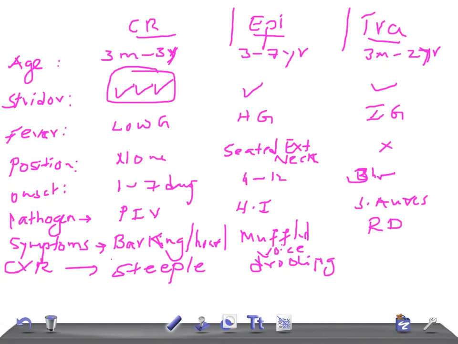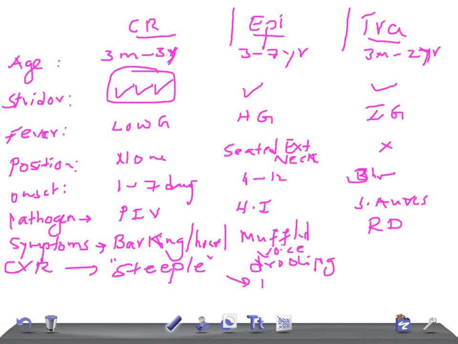Remember the steeple sign. If in USMLE examination they give the steeple sign, then think it's croup and click the correct answer as croup. The steeple sign is on AP film and the thumbprint sign is on lateral film.